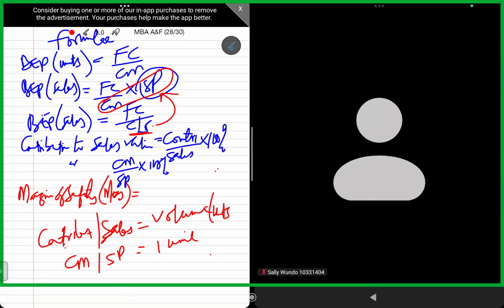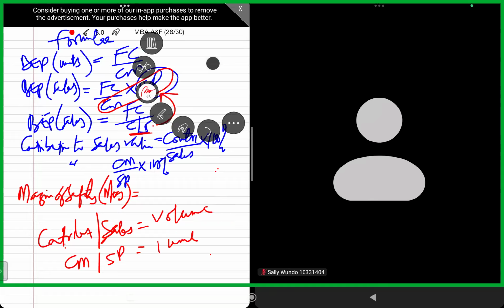So we have to know the differences. Selling price is for 1. Sales is for a lot of units sold. So selling price for 1, contribution margin is for 1, contribution is for so many units sold. We have to take note of the difference because we are going to use them a lot in this very course.